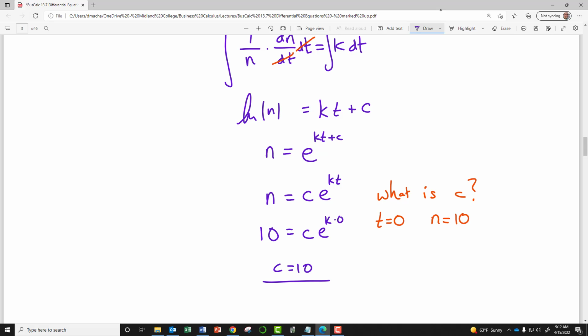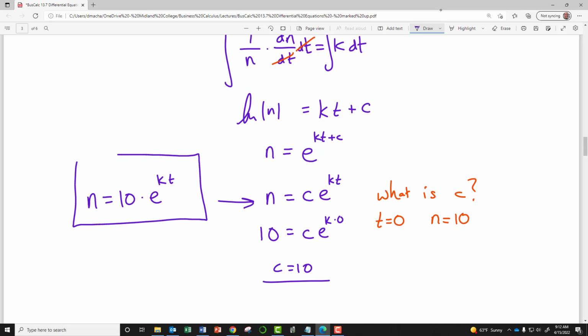So now, rewinding back to here, I can write that the number of crawfish is equal to 10 times e to the power kt, where t is the number of days that have passed, N is the number of crawfish now living in the Midwest region, and k is some constant that represents how quickly these crawfish multiply. And that was our goal, to develop a formula that describes the number of crawfish in the Midwest as a function of time.